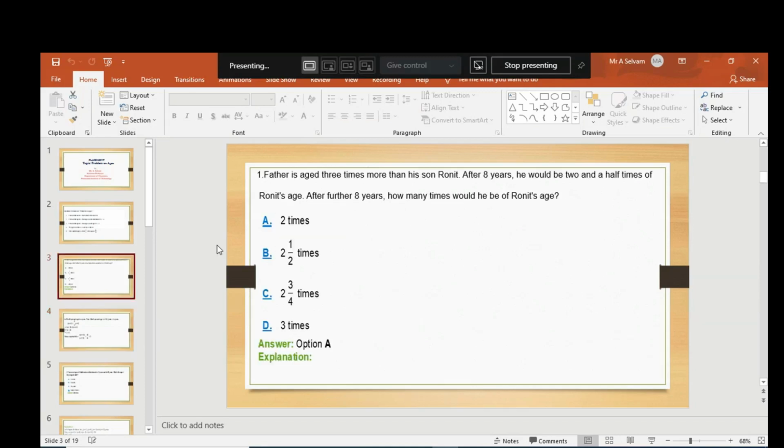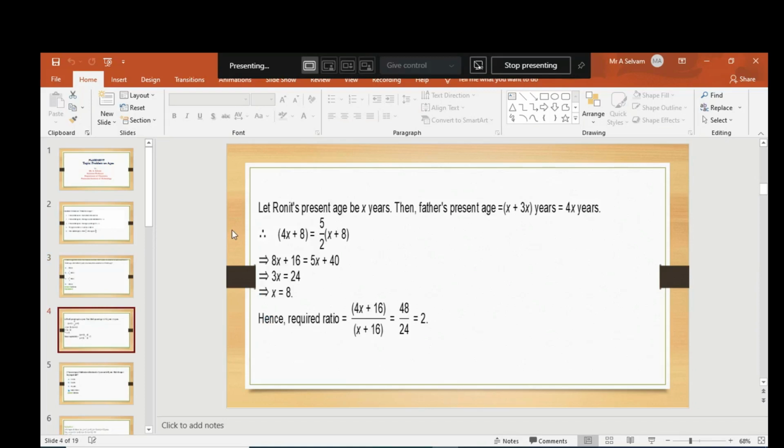Now we have to do the cross multiplication. So 2 into 4x plus 8, that is 8x plus 16, equals 5 into x plus 8, that is 5x plus 40.